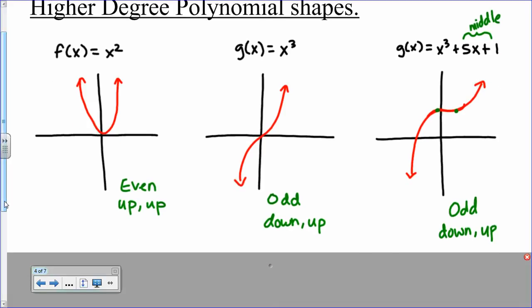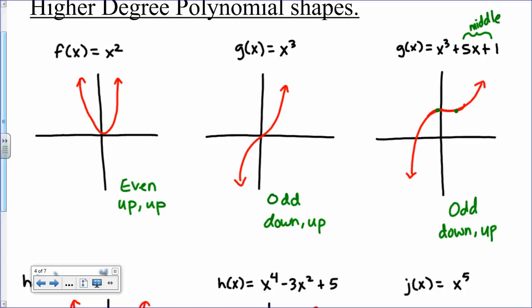Okay. So this third one is still a cubic, but that 5x plus 1 is what gives these changes to the middle part.